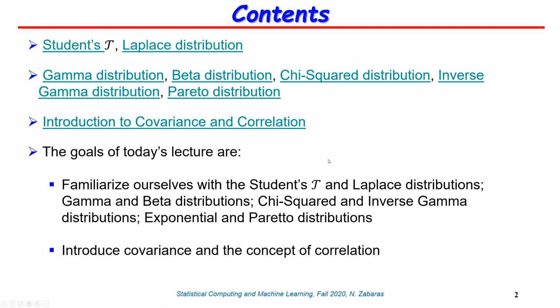And next, we're going to introduce the basic concepts of covariance and correlation, and we need to recognize the differences of two variables being uncorrelated versus being independent. Of course, we will discuss more of this in the follow-up lectures, but today we will get a first idea of what that means.